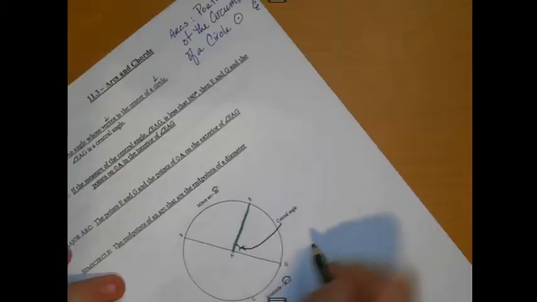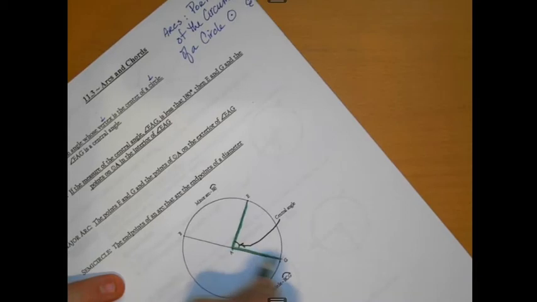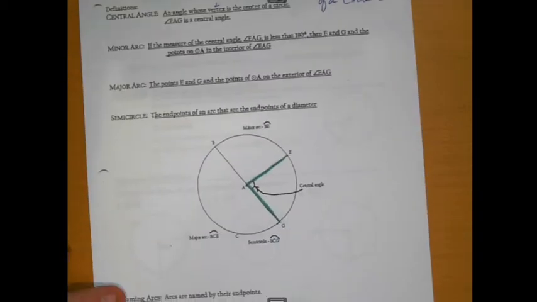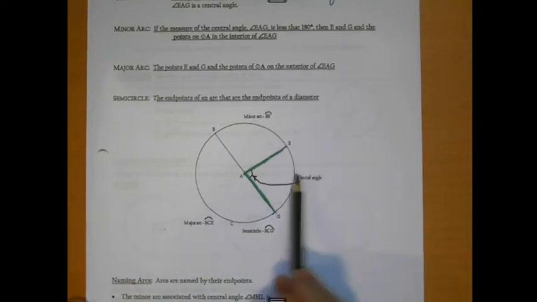When you're naming that angle, the A is the most important part of the naming. It is your vertex. So circle A and angle EAG both have A in common. That's your center. So that angle is a central angle. There's your central angle.